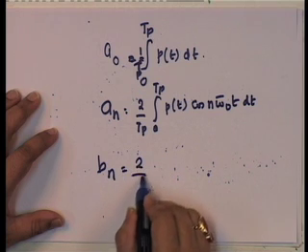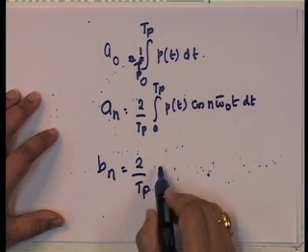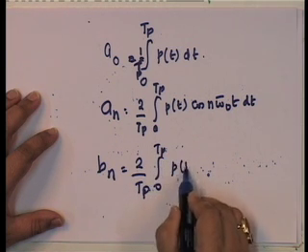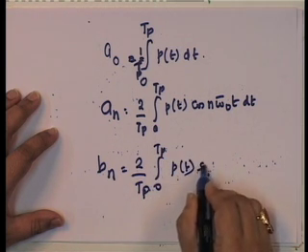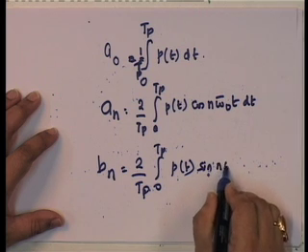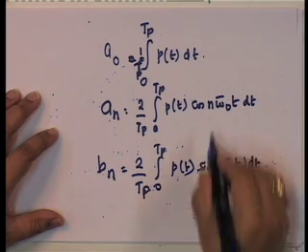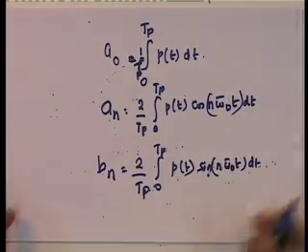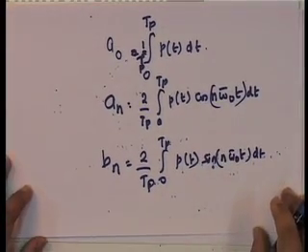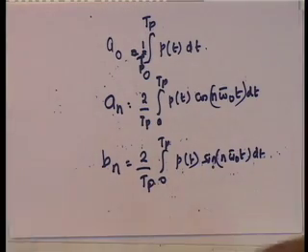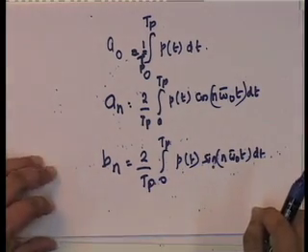Bn is equal to 2 upon Tp, integral 0 to Tp, P of t sine n omega 0 t dt. Okay. So, these are your A0, An and Bn, in terms of n and P of t. So, you can always evaluate A0, An and Bn given any load.